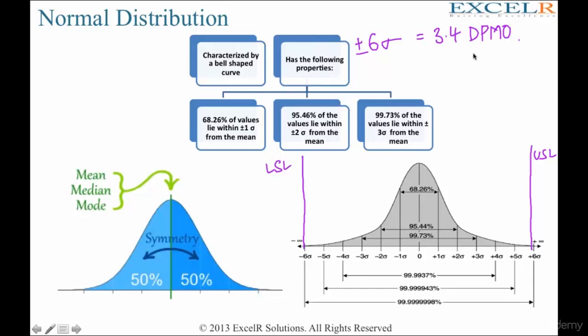That means if you're manufacturing a million shirts, there would be only 3.4 defectives. If you're manufacturing a million mobile phones, and each mobile phone is an opportunity, then there would be not more than 3.4 defects out of a million mobile phones manufactured.